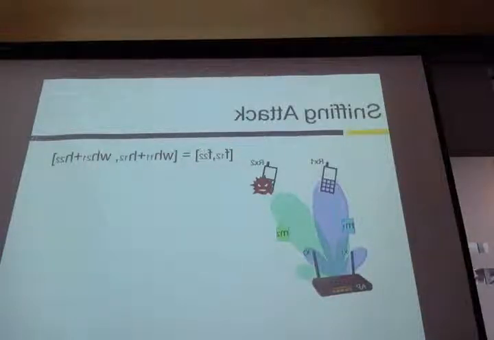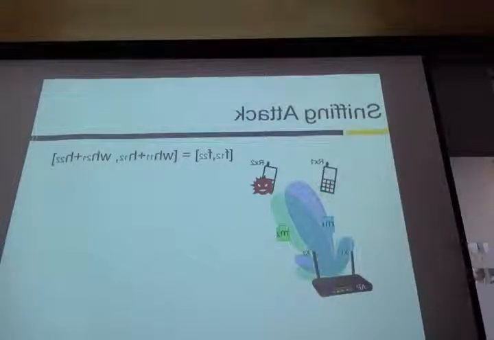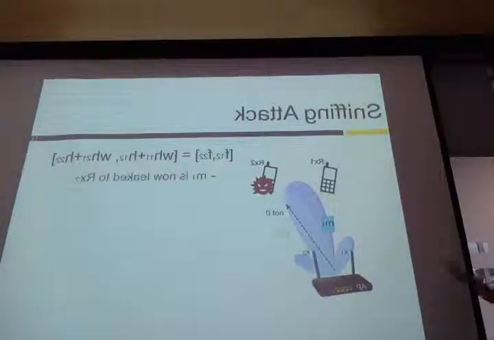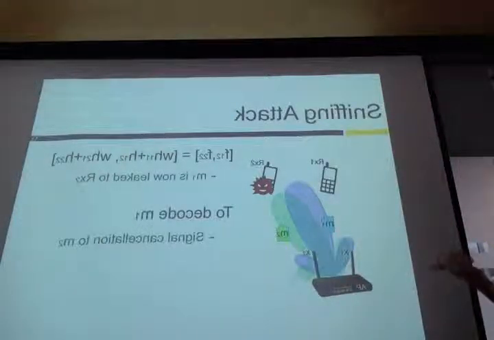The idea for this selection is that we can rotate the first beam towards some direction, not always orthogonal to receiver 2, as shown in this slide. So now the information of message M1 is leaked to receiver 2. However, even in this way, receiver 2 still cannot decode the message because there is still interference caused by M2.